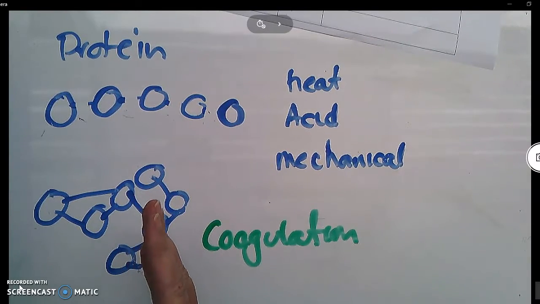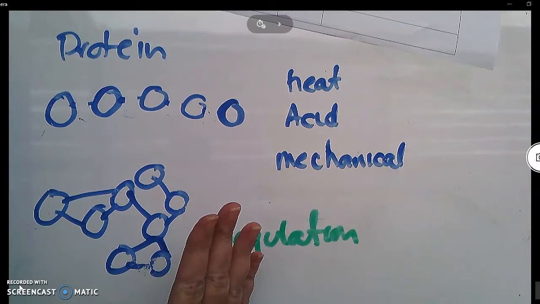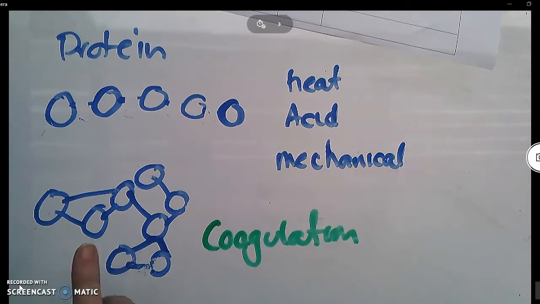The perfect example of that is an egg. An egg in its raw state is translucent, which means you can see through the egg white, and that's because the protein strands are fairly loose, so the light can go through them, okay?